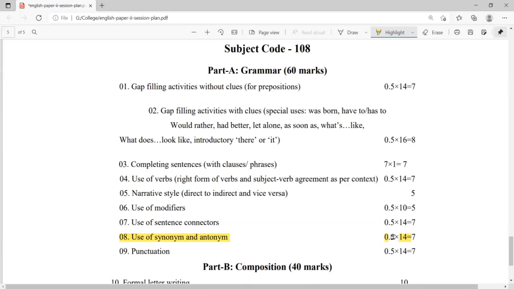And you know that every gap or blank bears 0.5 marks, and you will have 7 marks in total in synonym and antonym.